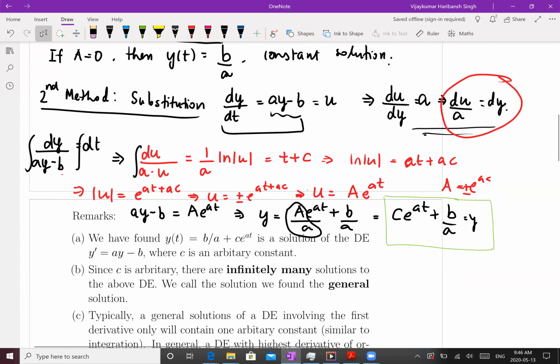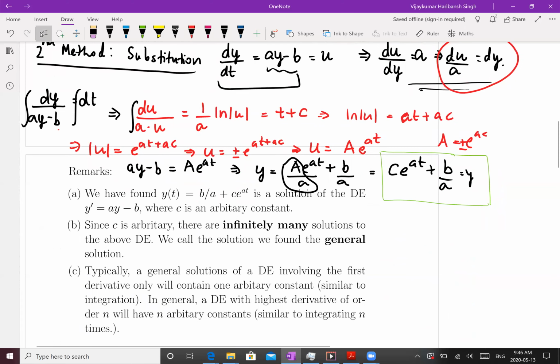This is how you would solve a differential equation of this kind. Now note that we have found out this is the solution of the differential equation where c is an arbitrary constant. Since c is arbitrary, there are infinitely many solutions to the differential equation, right? So such a solution is called the general solution.